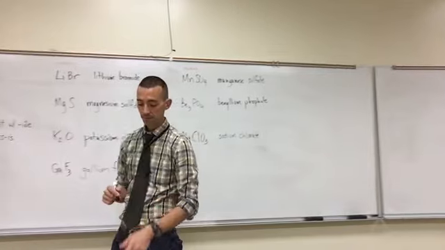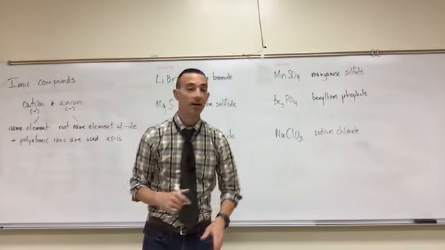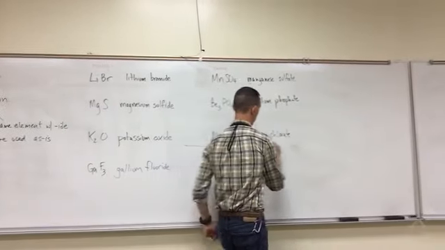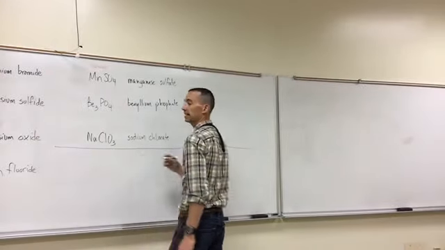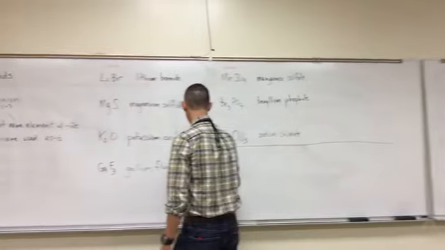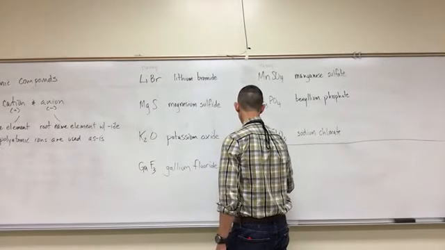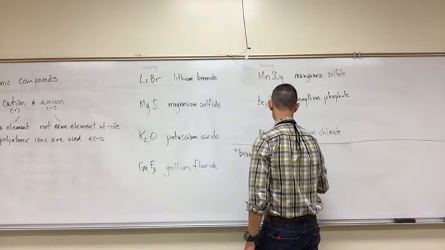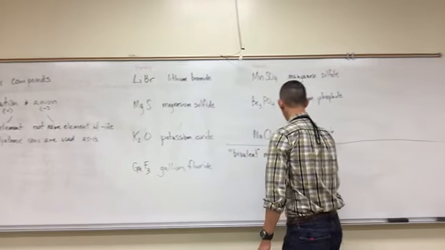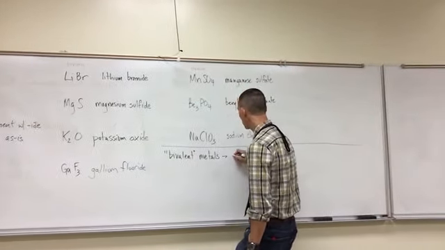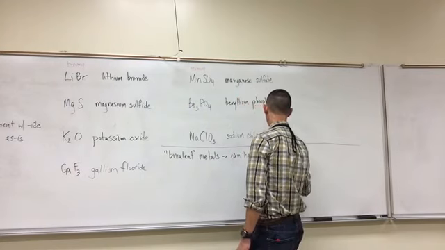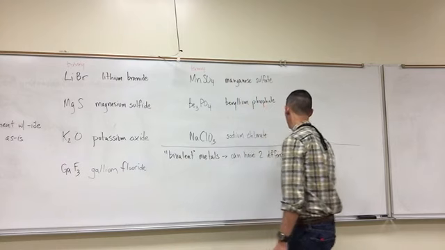All right. Now, there are a small group of metals in the periodic table that are known as being bivalent. That means that they are metals that can have two different ionic charges.